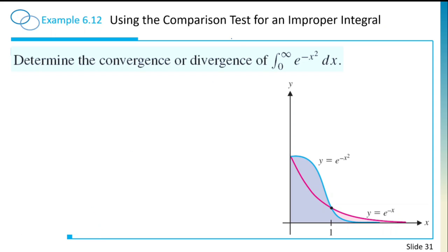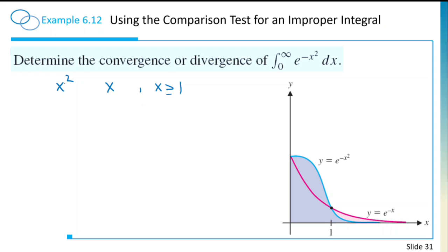Now, how can I start? I'll start with x and x squared. Now, which one is bigger, x squared or x? This is if x is greater than or equal to 1. Sorry, greater than or equal to 1, I meant.